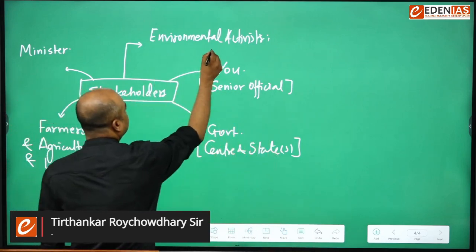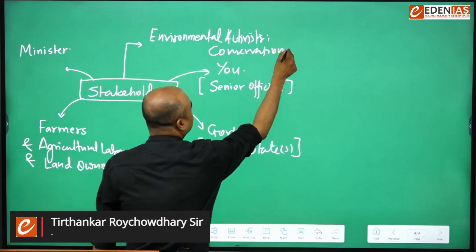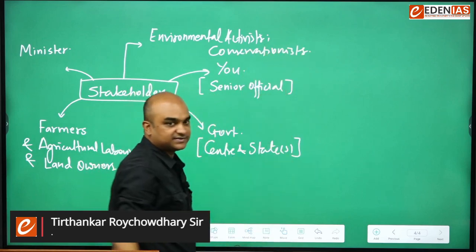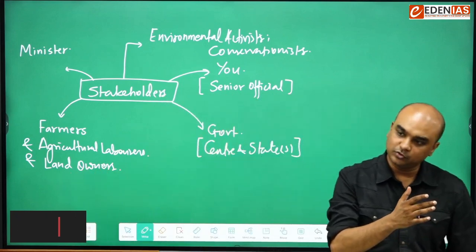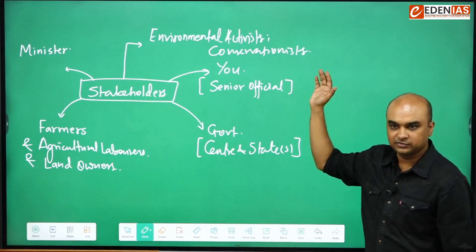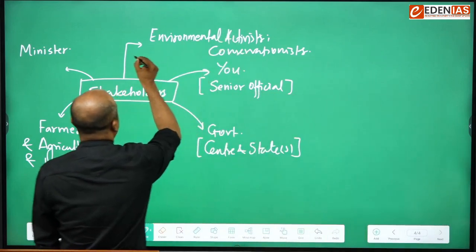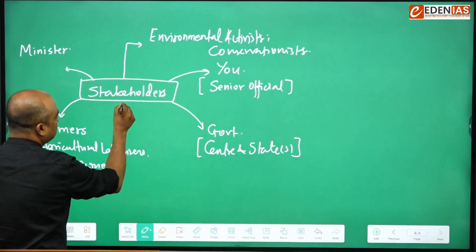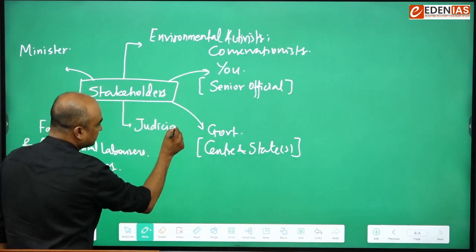Then conservationists. Why I'm highlighting conservationists? Because if the green patch is cleared, there will also be a loss to biodiversity. So there will be conservationists also into the picture. Can I say then the judiciary?